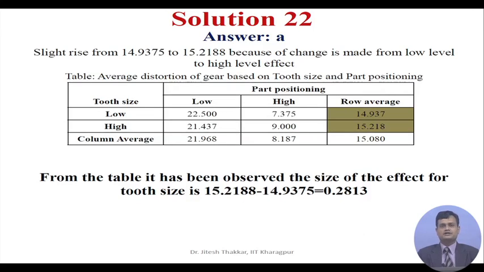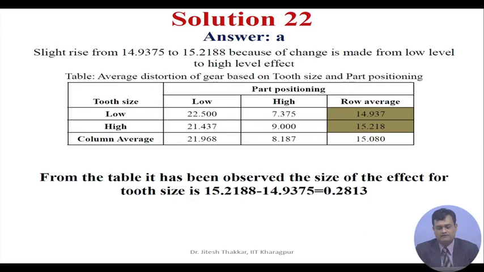And how the computation is made, you can see on the screen: tooth size is kept at 2 levels, low and high. Similarly, part positioning is kept at 2 levels, low and high, and the readings obtained are reproduced here. Now, if we see the column average and row average, the column average is 21.968 for low and 8.187 for high.